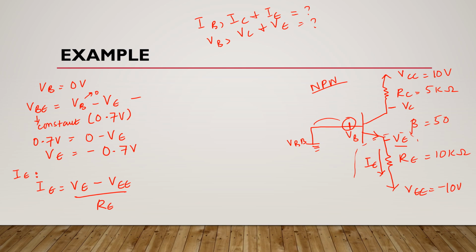Here this VE is minus 0.7 volts, which we have just calculated, this VEE is minus 10 volts, and this RE is 10 kilo ohms. After solving this, you will get emitter current, which is 0.93 milliamperes. Okay, so this is your emitter current.